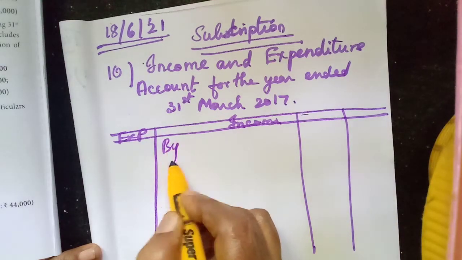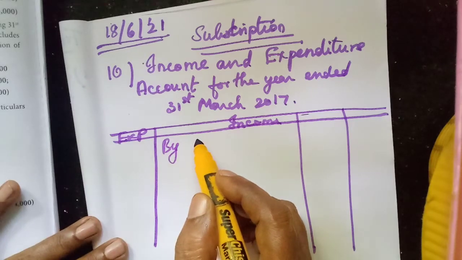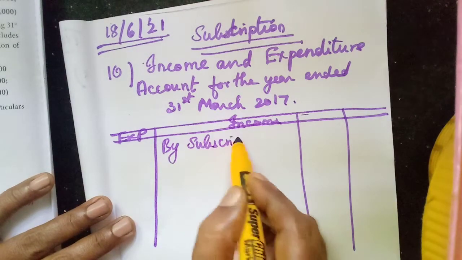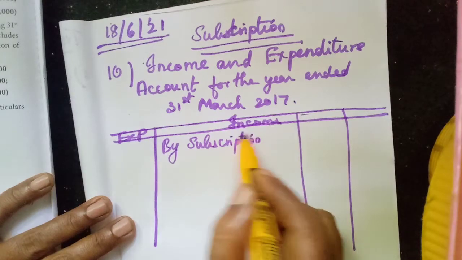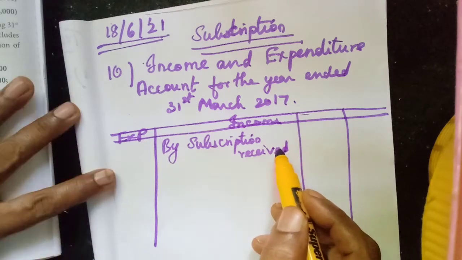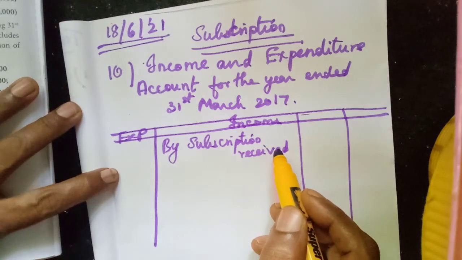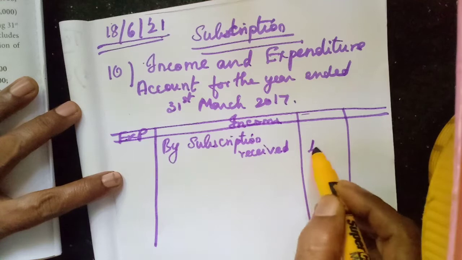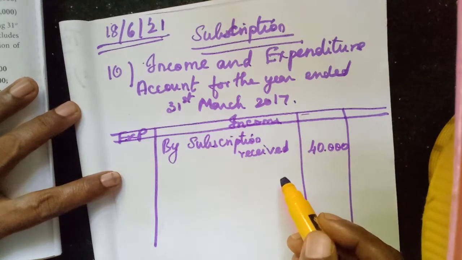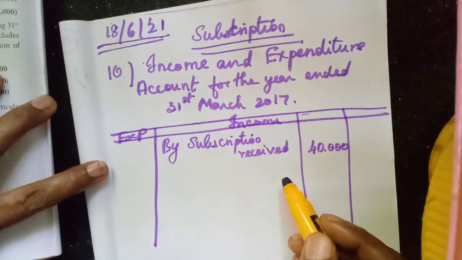By subscription received, 40,000. Here, this includes subscription of 5,000 for 15-16.